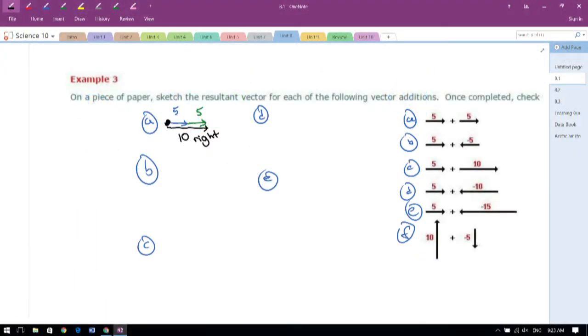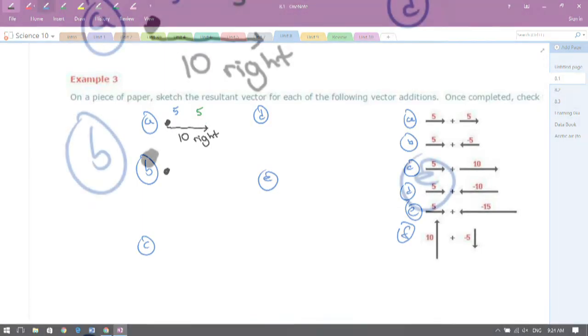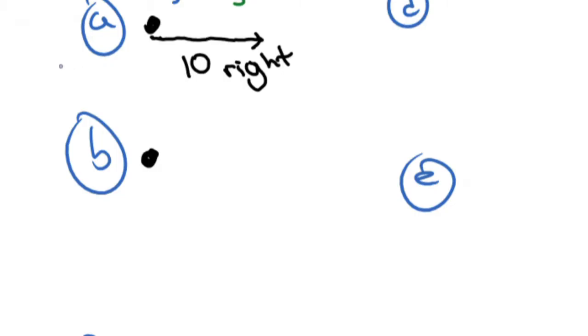All right, the second one, again, I'm going to have some starting point. My first arrow is going to the right, has a magnitude of 5. My second arrow is going to the left, has a magnitude of 5. So where can I draw an arrow for the second one?